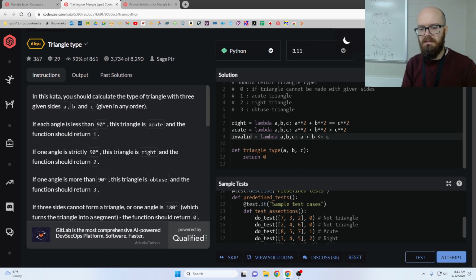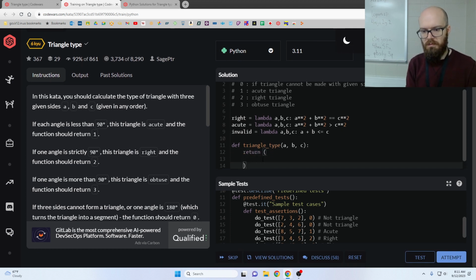So we're going to make a little expression here to say, okay, we're going to return 0 if invalid something. Well, remember I said we need to sort them, so let's call it try for triangle equals sorted ABC.